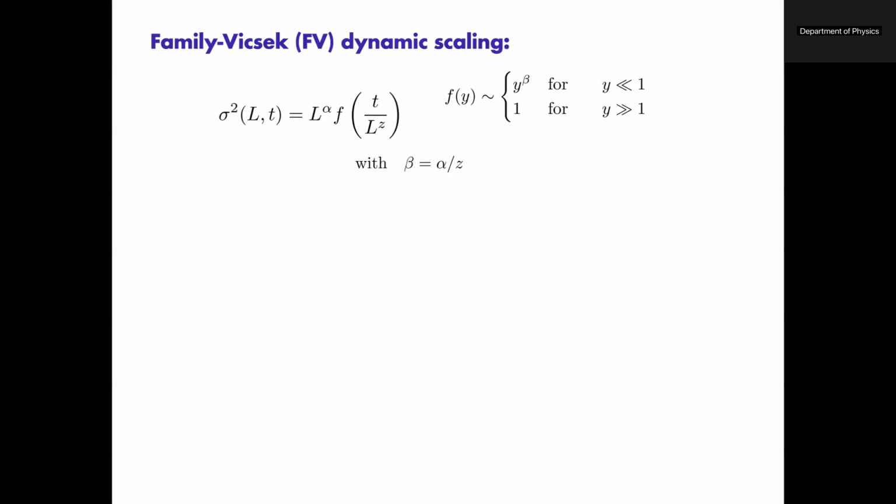Okay, think about this situation. I take this lattice and I just fill the first half of the lattice, and the other half is empty. So the particles have to move. Essentially, the number fluctuation is initially zero, because we start in an eigenstate of the number operator, so the variance of the number is 0.